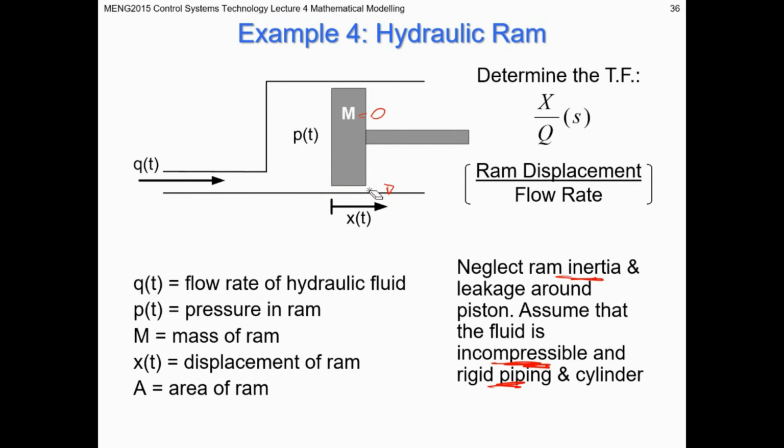That is a loss-free system. What we want is the output position of the ram as a function of our input, the flow rate into this cylinder. So we're looking at the relationship between ram displacement and the flow rate of hydraulic fluid into the ram.